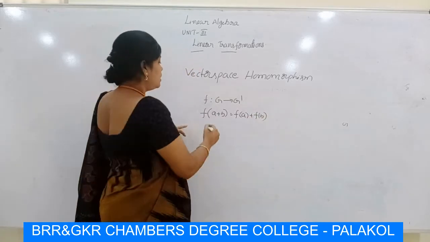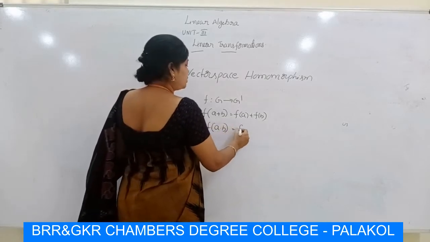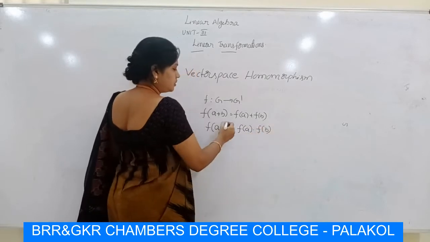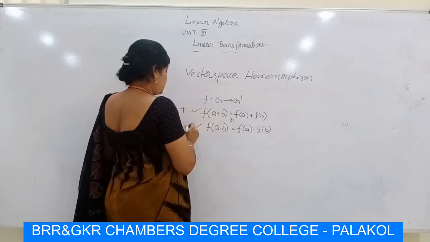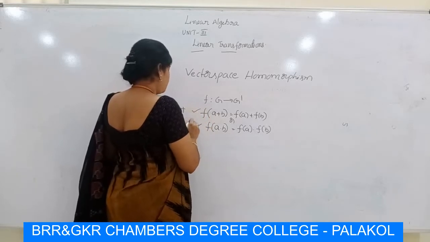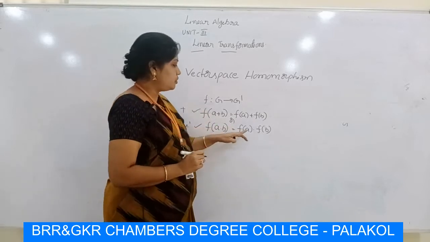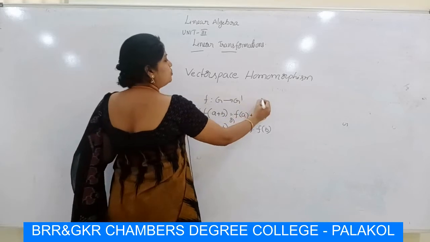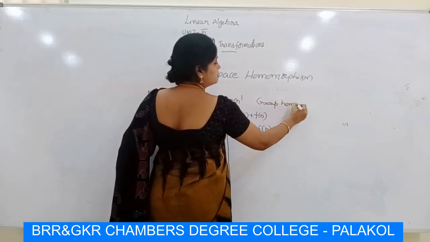If the operation is dot, then f(a·b) = f(a)·f(b). This is group homomorphism.